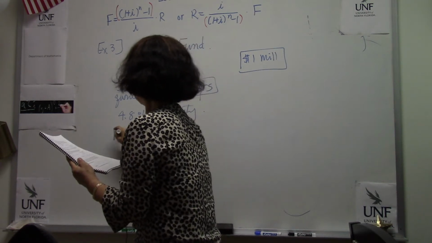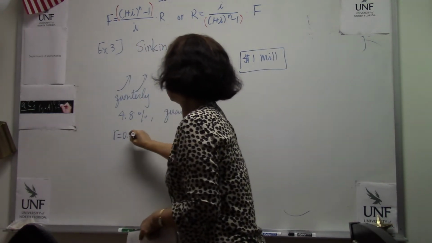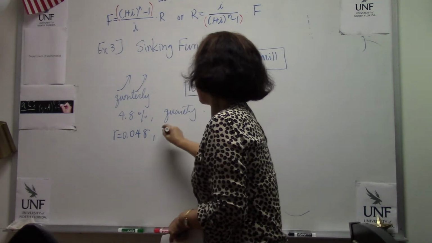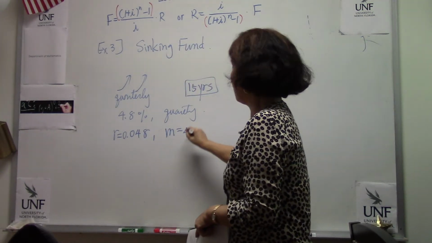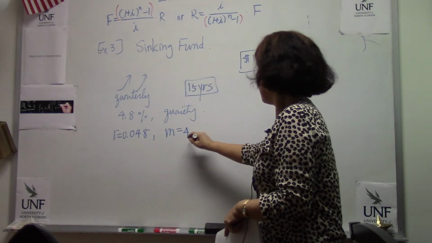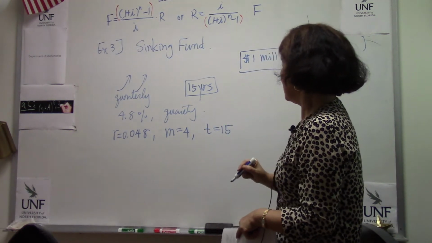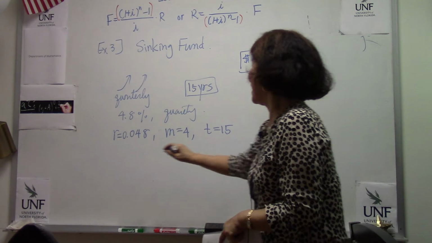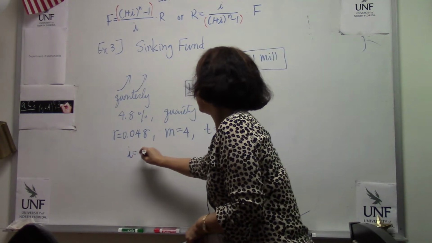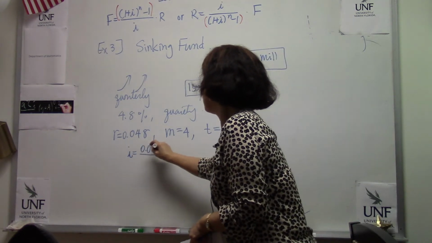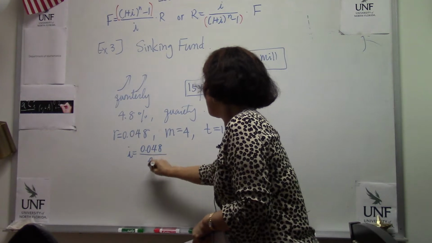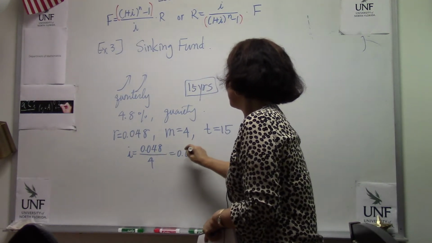Alright, so R equals 0.048 and M equals 4. And for 15 years, so T equals 15. So what is I? I is 0.048 divided by 4, which is 0.012.